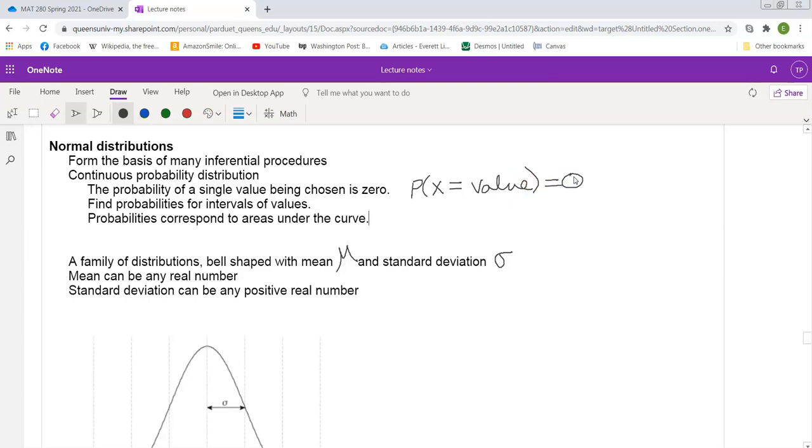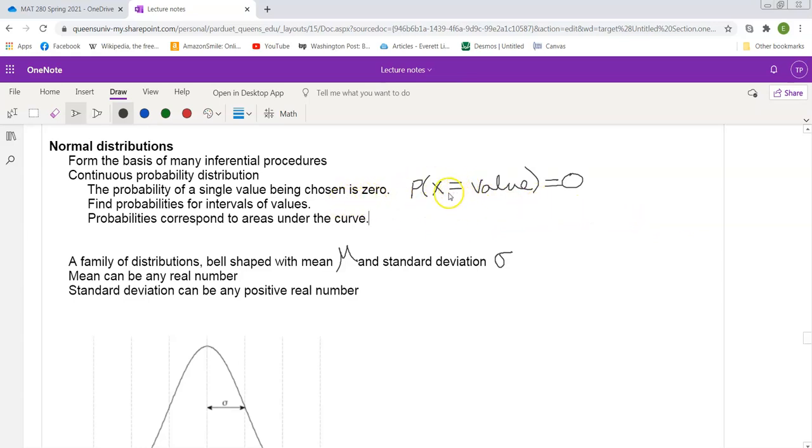As a result, we don't talk about the probability that x equals a value. Instead, we talk about intervals of values. So instead, we might look at the probability that x is less than some number, or greater than some number, or between two numbers.